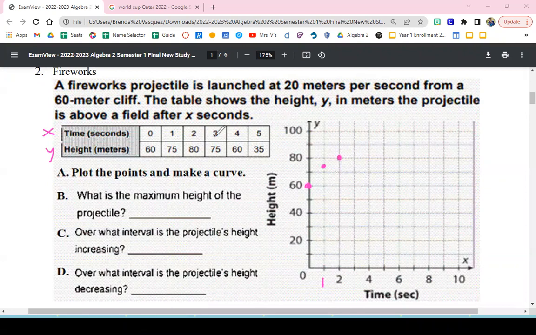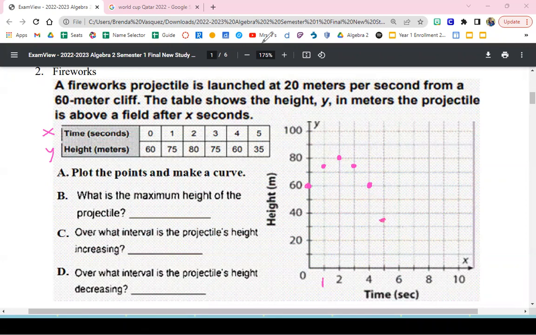Next one we have second 3 is what? 75. 4 is at 60 meters. And at 5 seconds, it's now at 35. So here's 30 and 35.